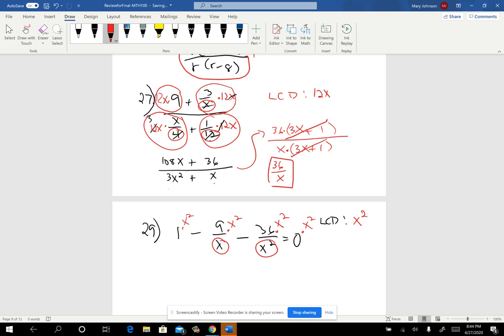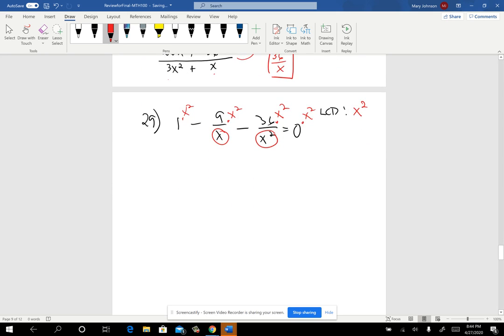Okay. So here's the deal. When we do that, we get x squared minus 9x minus 36, and then 0 times anything is still 0. So we just took what looked like a really complicated problem and just turned it into a quadratic equation in this case. Now, sometimes when you get to here, it'll be quadratic, sometimes it'll be linear. But you see that squared means we're going to try to factor if we can.